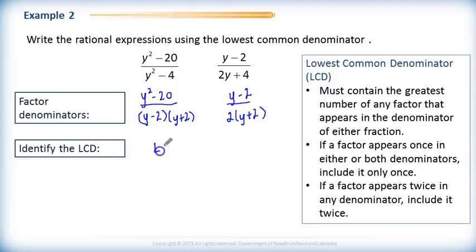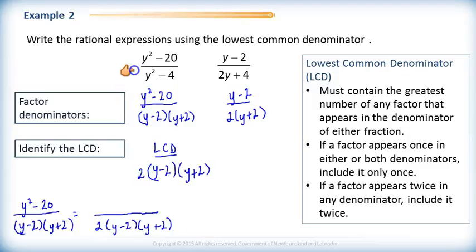So therefore, the LCD: the y minus 2 occurs once, so we include it once. The y plus 2 occurs once here and once here, so again we only include it once. And look, we have a 2 right there, so we have to include that.